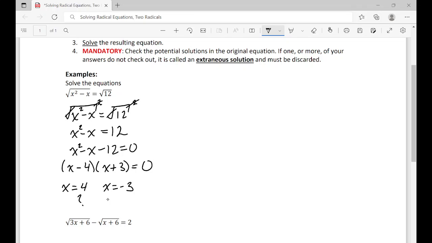But do they work? Well, we've got to plug each number in on its own back into the original equation and see. So let's start off with 4.